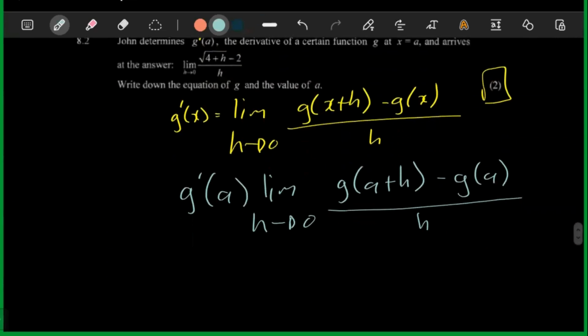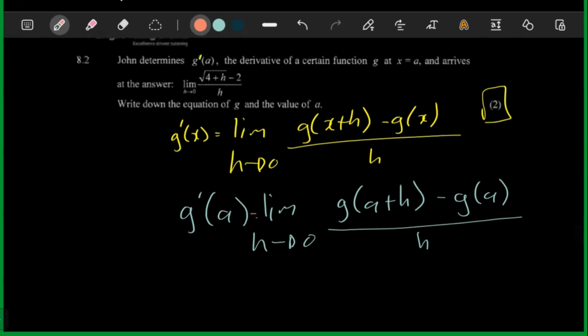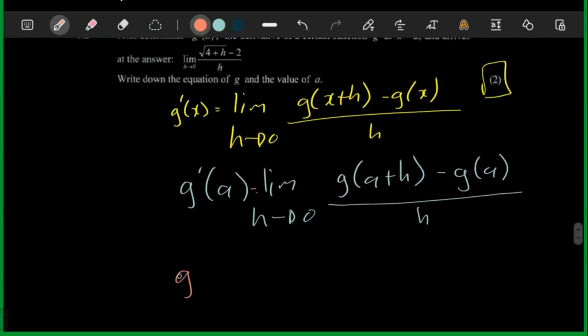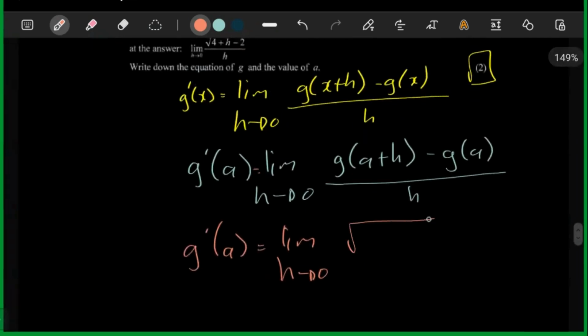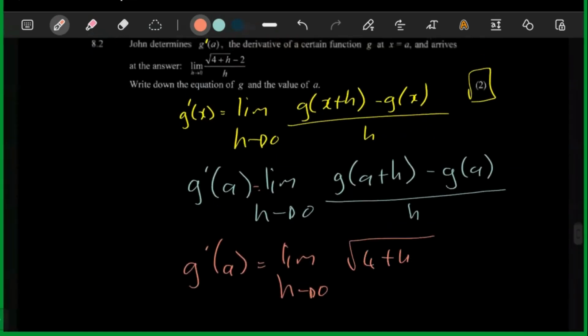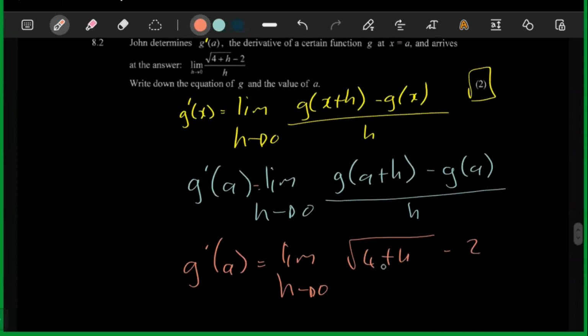So obviously, what they gave us is equal to the limit as h goes to 0 of the square root of 4 plus h minus 2, the whole thing over h.